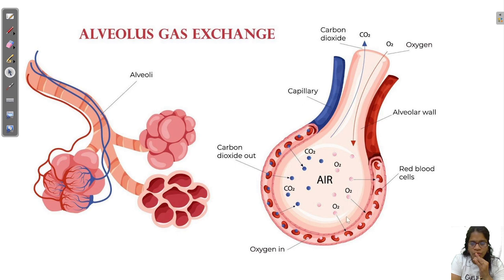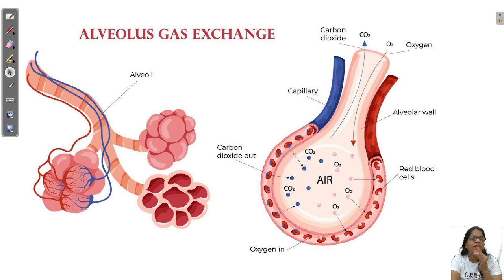Okay, so now the oxygen that is being taken in by us is already present in the alveoli. This oxygen is now diffused into your RBC, and thus the blood is made oxygenated. And again, the carbon dioxide that is present in the blood, which needs to be purified by the lungs, has to be removed, right?